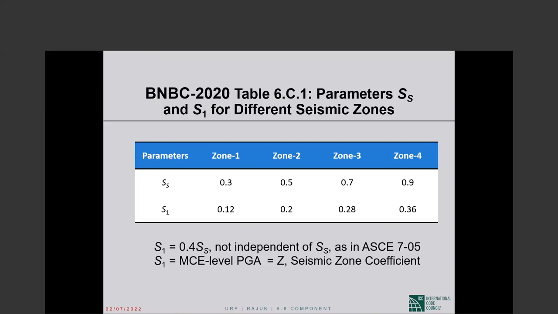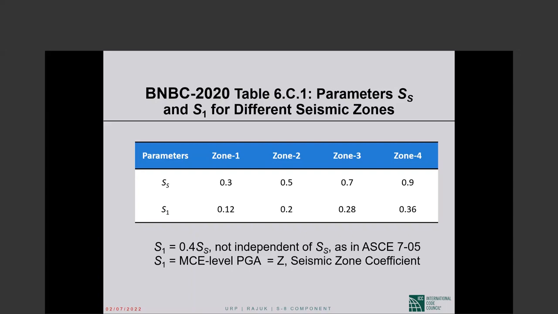Now, S sub S divided by 2.5 is MCE level PGA, because S sub S is MCE level by definition. Now S sub S by 2.5 is S sub 1. So S sub 1 is MCE level PGA, and that is what is denoted by Z in BNBC 2020.